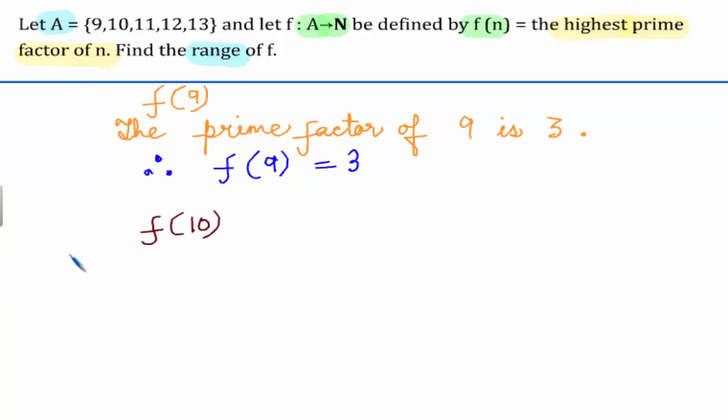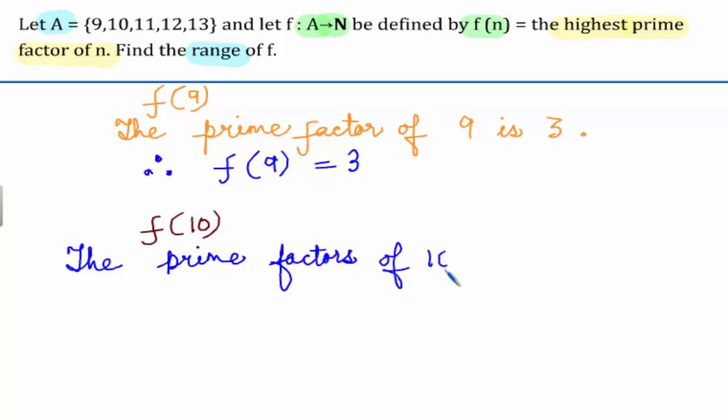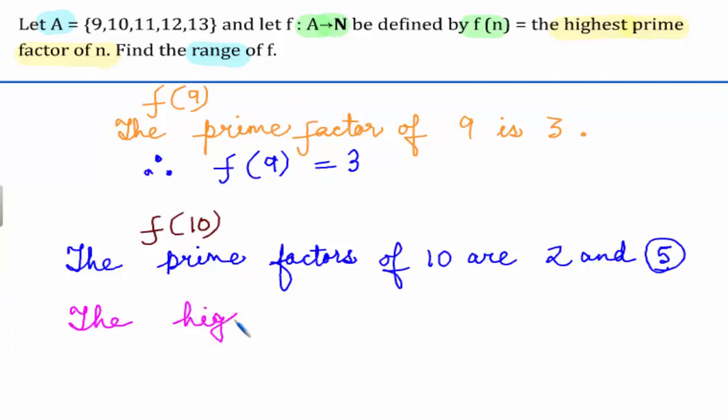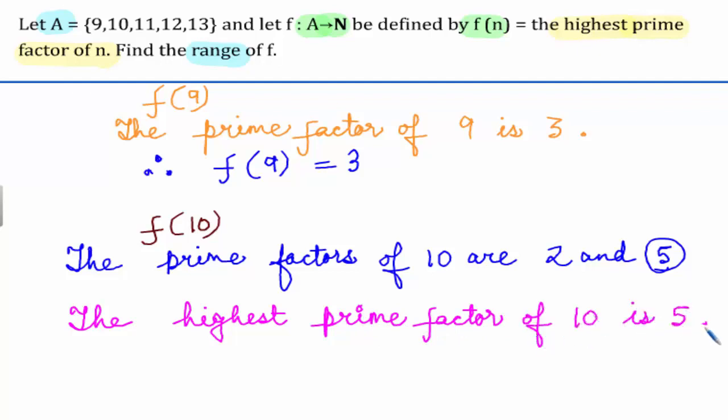And the prime factors of 10 are 2 and 5. So 5 is the highest prime factor of 10. So we write the highest prime factor of 10 is 5. Therefore, f of 10 will be equal to 5.